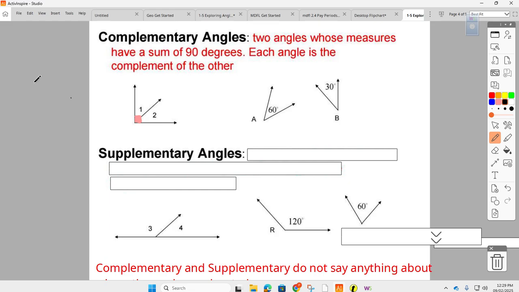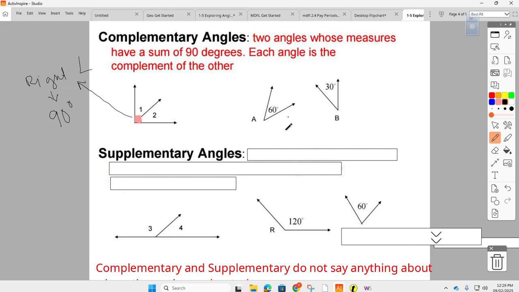So a right angle is indicated by that box, and a right angle is exactly 90 degrees. So angle 1 and angle 2 together, you add them together, they equal that bigger angle, which is a right angle. So now we know that angle 1 and angle 2 are complements of one another. They are complementary angles.